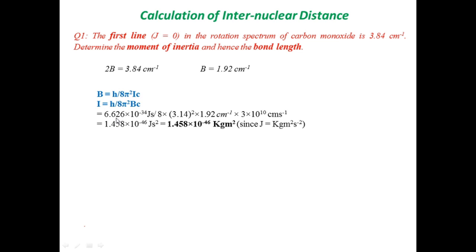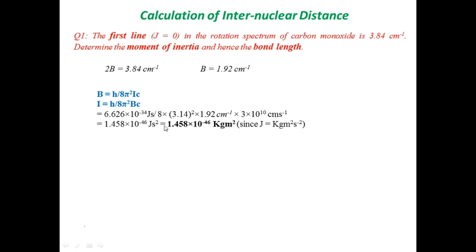The value of h is 6.626 into 10 to the minus 34 joule second, divided by 8 into the value of pi, 3.14, square, into the value of B, 1.92 centimeter inverse, and c. Just remember, c, the velocity of light, should be expressed in centimeter per second, that is 3 into 10 to the 10. When we calculate, we will get a value of 1.458 into 10 to the minus 46 joule second square.